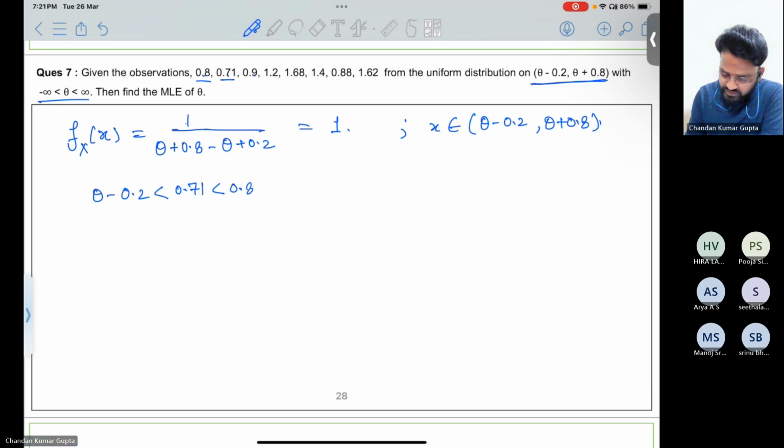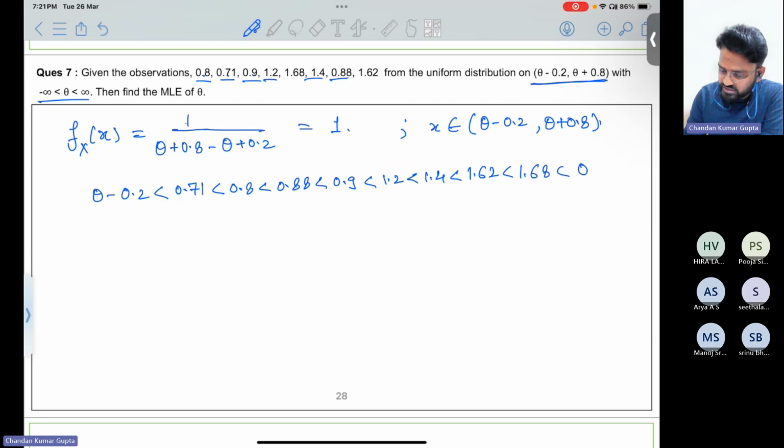Then it is 0.8, then 0.88, 0.9, 1.2, 1.4, then 1.62, then 1.68, and then theta plus 0.8.